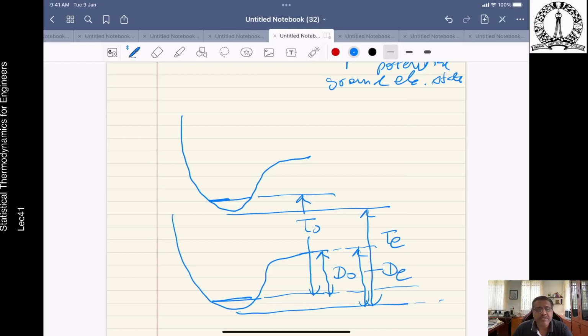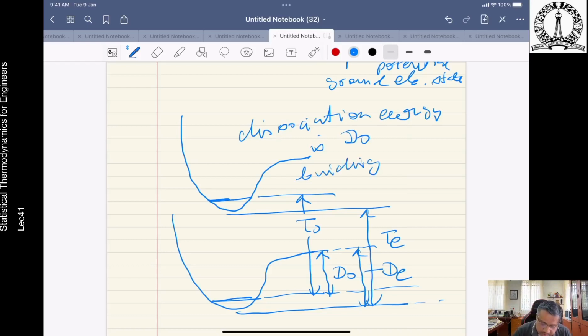You understand what D_e and dissociation are. So dissociation energy is D0, and binding energy is D_e.